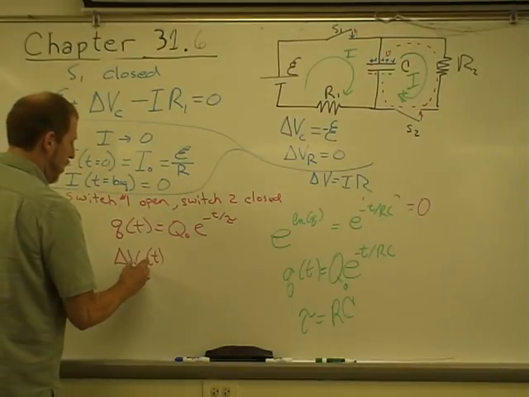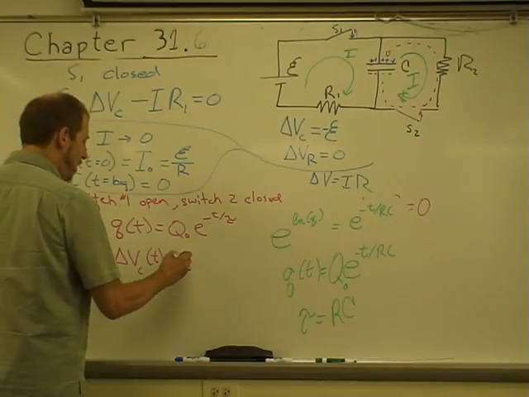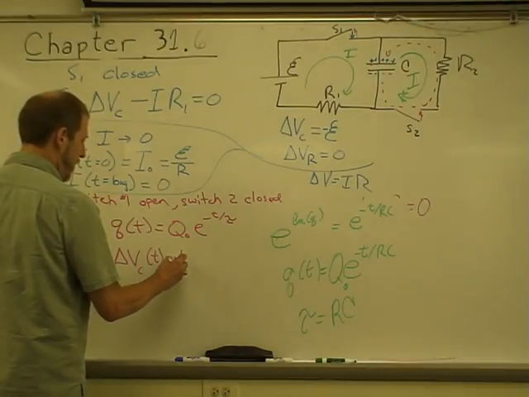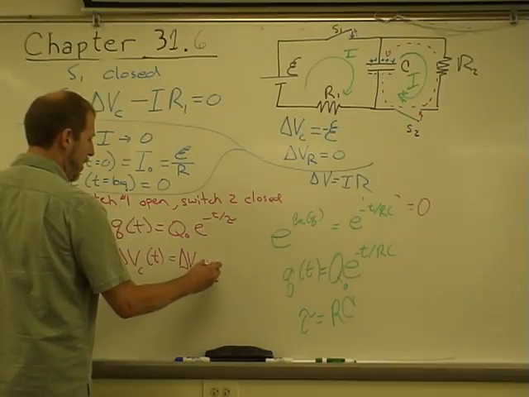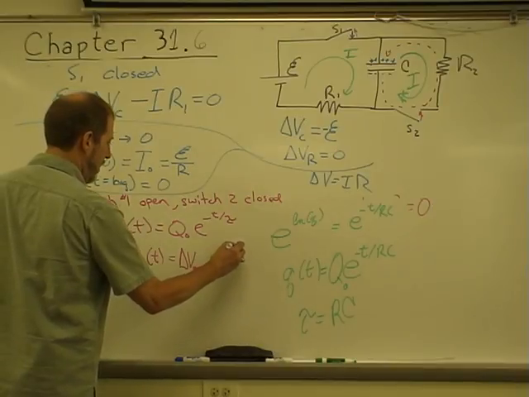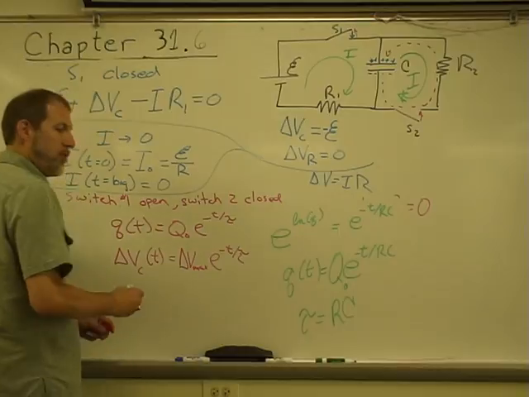The change in potential over the capacitor starts off at its maximum value and also decreases over time.